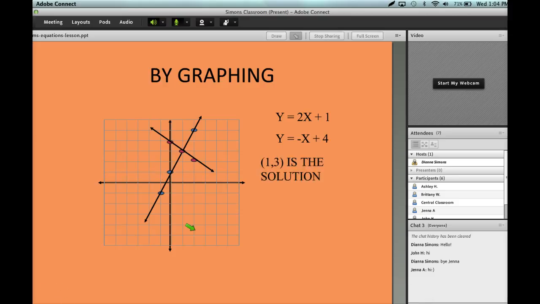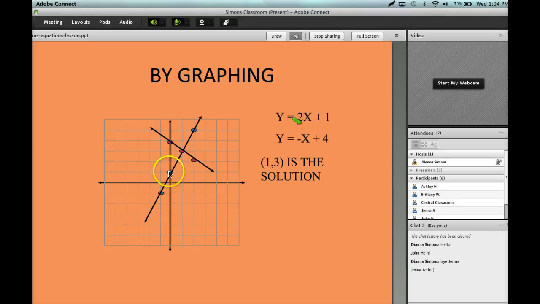Brittany asks: is this the part where you do the graphing and then the triangle thing, rise over run? Yes, that's how you do the graphing. For this first line, you use the y-intercept as a point, and then you go up 2, because the slope is 2.